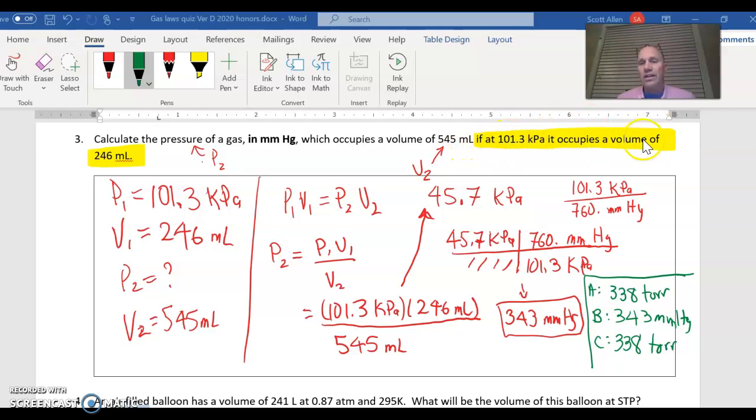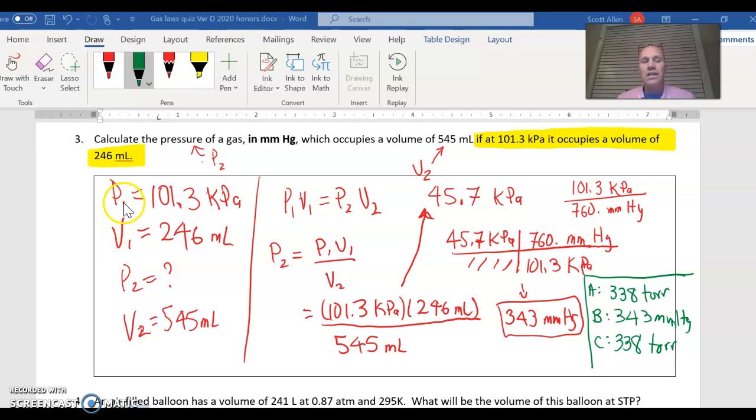I've gone ahead and highlighted this part of the question right here: if at 101.3 kilopascals it occupies a volume of this many milliliters. What that means is that at the same point in time where this is the pressure, this would be its volume. So that's what I'm going to select as my P1 and my V1.